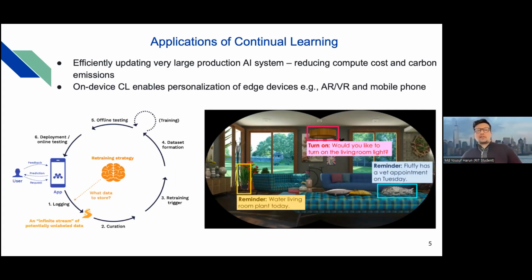At another extreme, we have on-device learning, where for mobile platforms we have to adapt edge devices to personalize them according to our preferences. So at both extremes, continual learning can fit nicely into this wide range of applications.